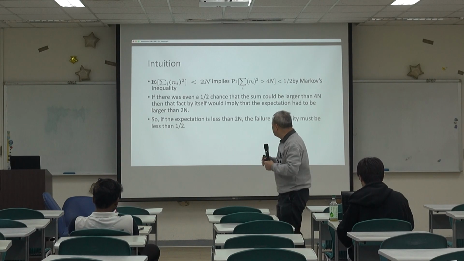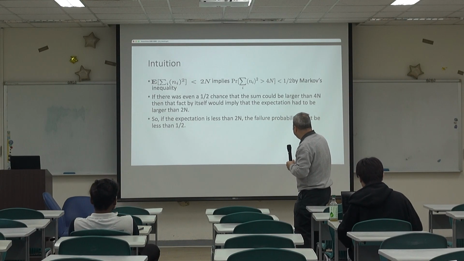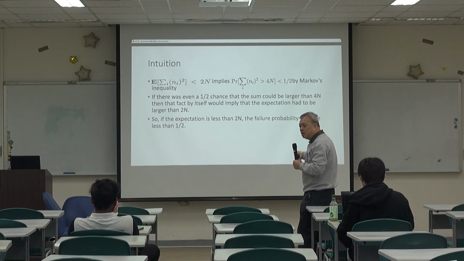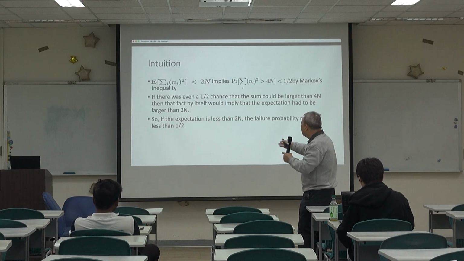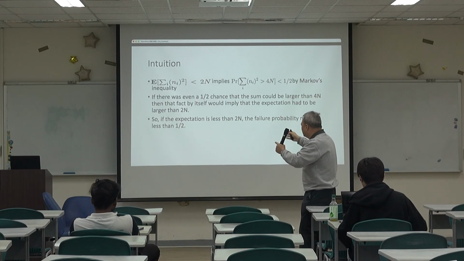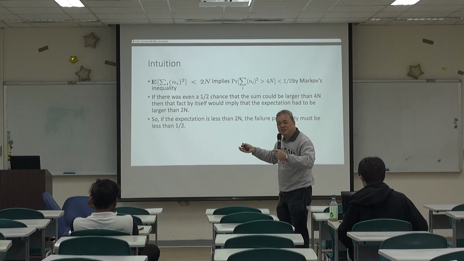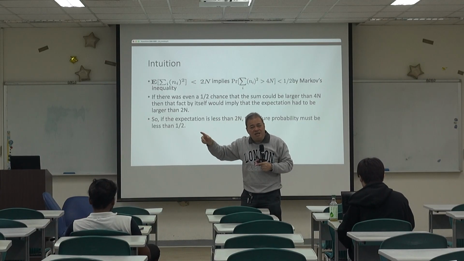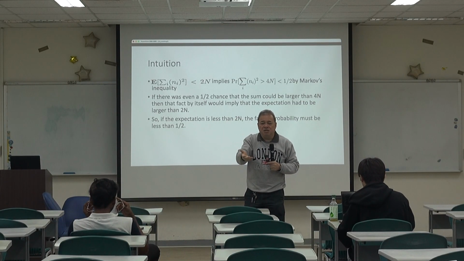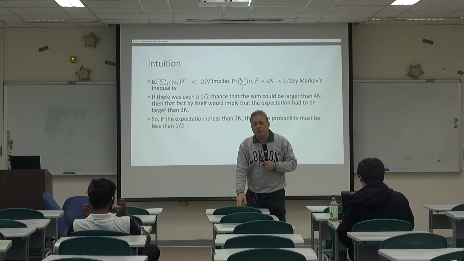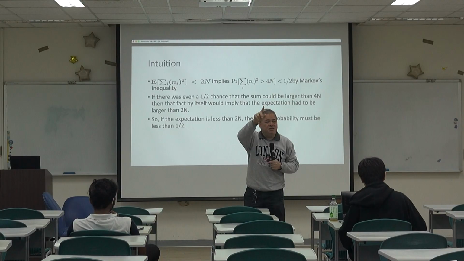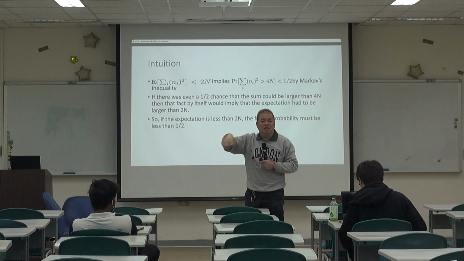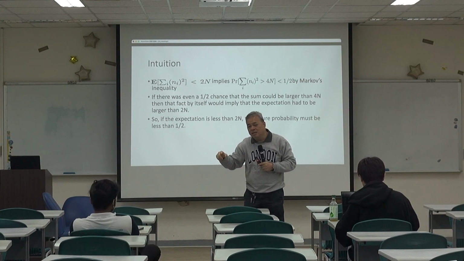Okay? And if you have more than half possibility that this value is greater than 4, then its expected value must be greater than 2, right? This is obvious. So if you have not B implies not A, I mean, if you have learned discrete math, 你的那个离散数学如果有学过, not B implies not A, if this is the case, then we have A implies B, right?